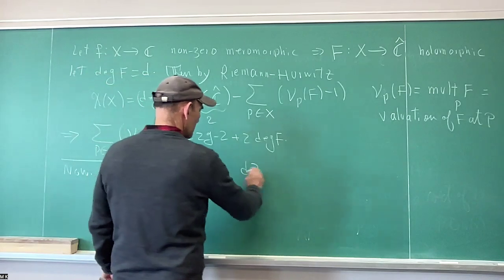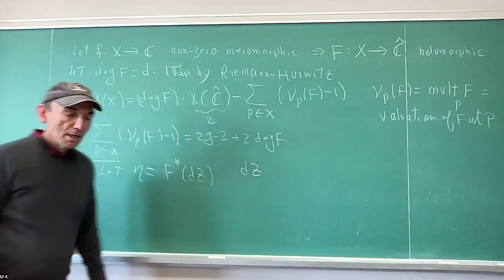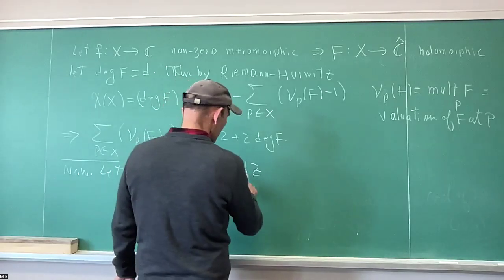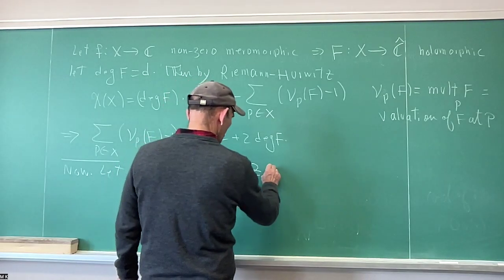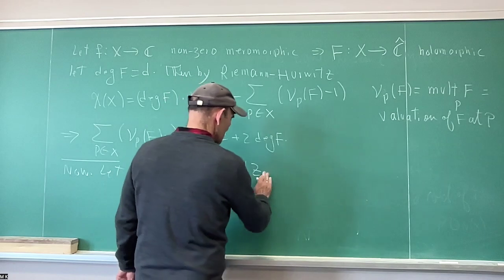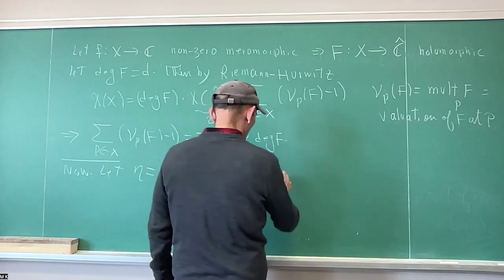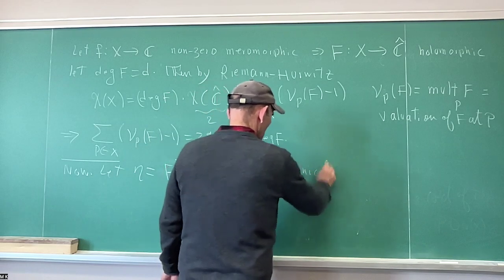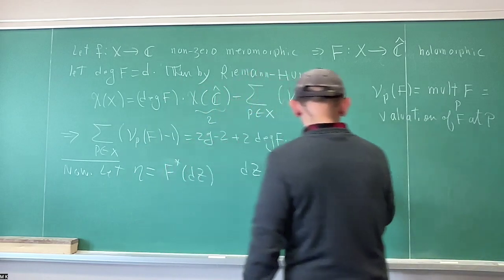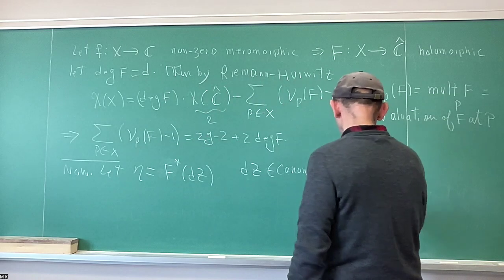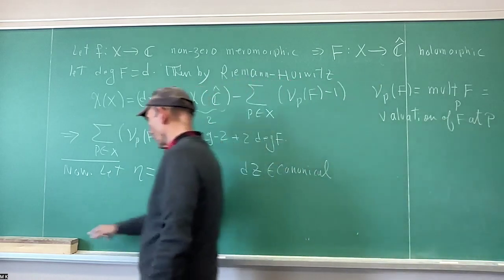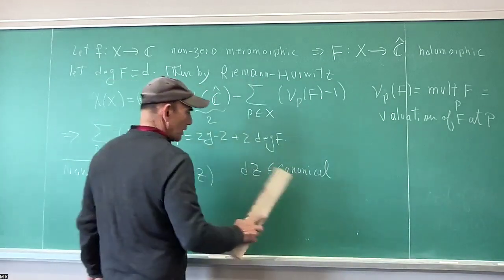What's that stuff? We had it before, but I'll tell you. dz is the canonical one-form. Actually, I shouldn't say canonical one-form. It's really just dz.